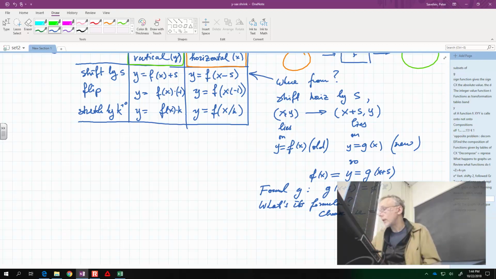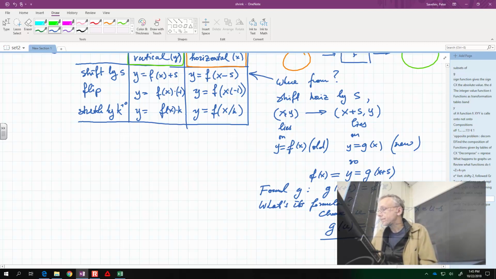So if u is the variable of my function, then I need to express x in terms of u, and x is equal to u minus s. We're solving this equation for x, and that's where the minus comes from. So u is equal to x plus s, which means that x is equal to u minus s, which means that we end up here with f of u minus s.